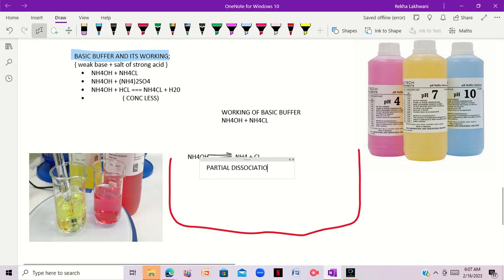Now we have the salt of a strong acid, which is ammonium chloride. Let's break this ammonium chloride, and there will be ammonium plus chloride ions.